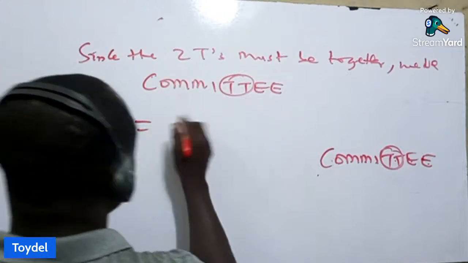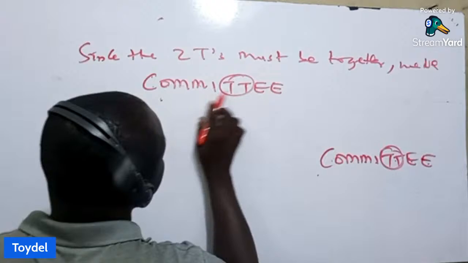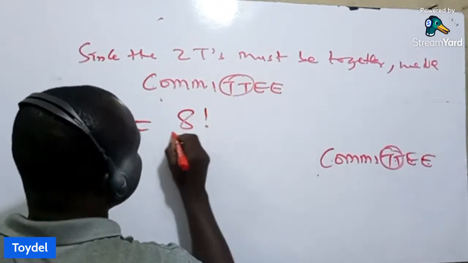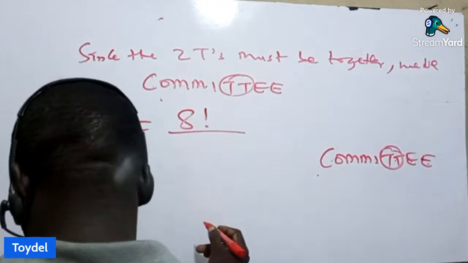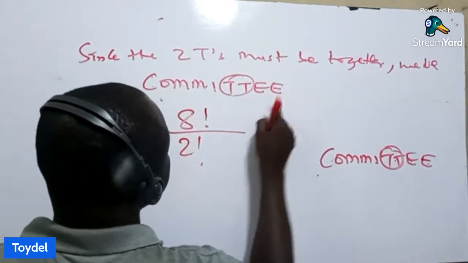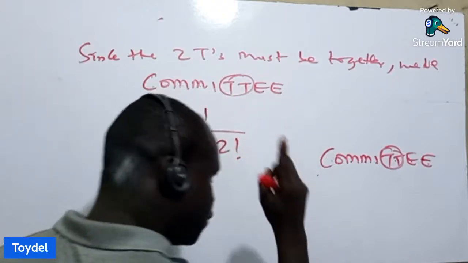So the number of arrangements, the permutation, will now be 1, 2, 3, 4, 5, 6, 7, 8. We see the 2 T's as one. So it will reduce to 8 factorial all over how many C? Just one. How many M? 2 factorial. Then how many E? 2 is 2 factorial. So the 2 T's must be together, so we view it as one.